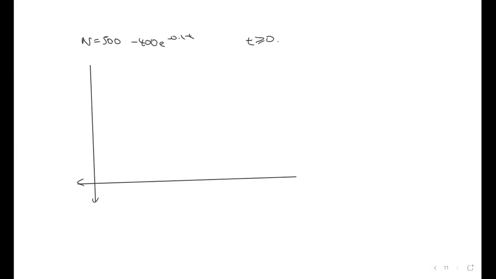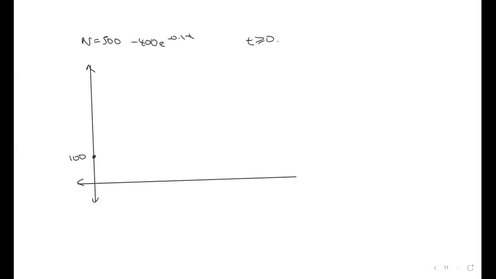So now we want to sketch the graph of n as a function of t, showing coordinates of any endpoints and equations of any asymptotes. So recognizing that you're basically graphing n equals 500 minus 400 e to the negative 0.1 t, and you're really graphing this for t greater than or equal to 0. When t equals 0, n equals 100, so we know that.